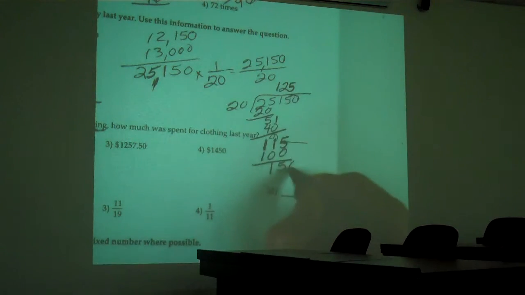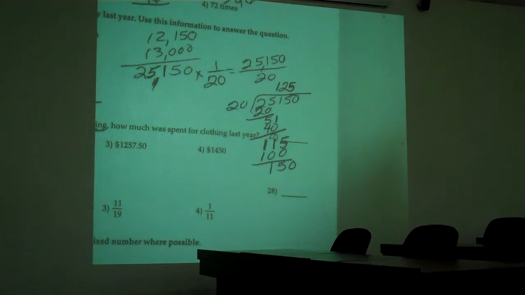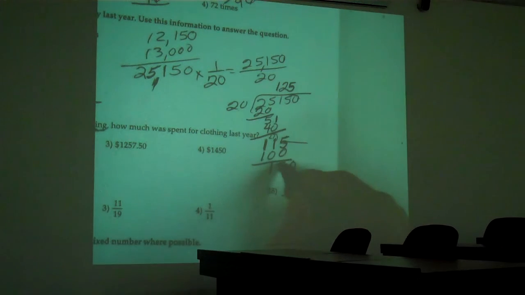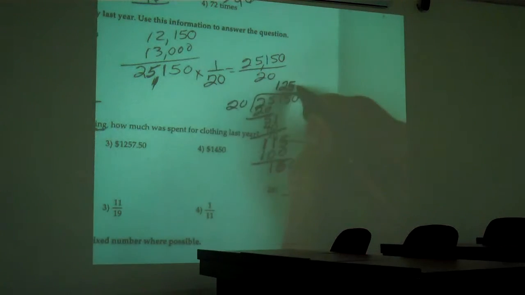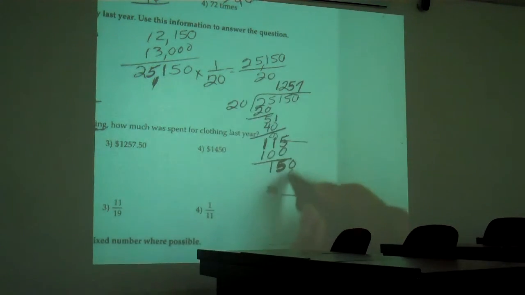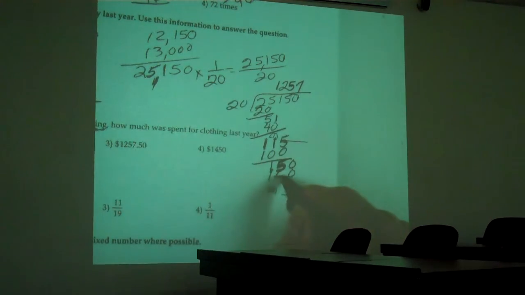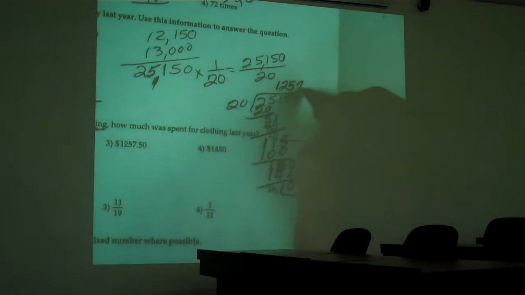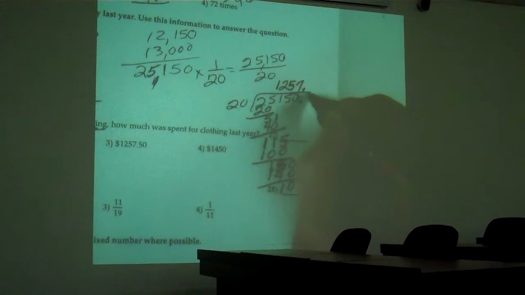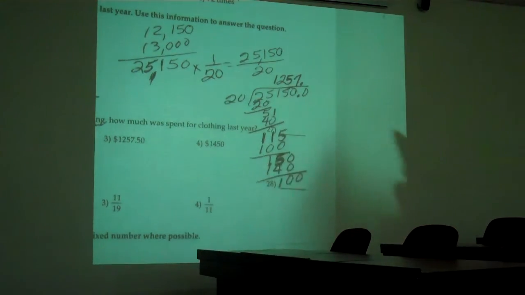And then bring a 0 down. 20 into 150. Almost 8. That would be 160. That's too many, huh? 8's too many. Let's try 7. Okay, 10 left. So you actually need to add a 0. Put a 5 there.